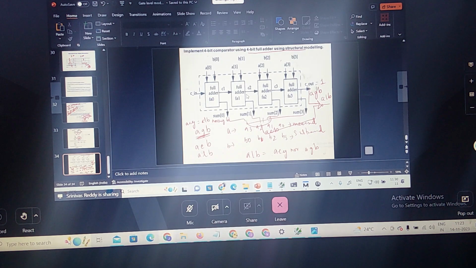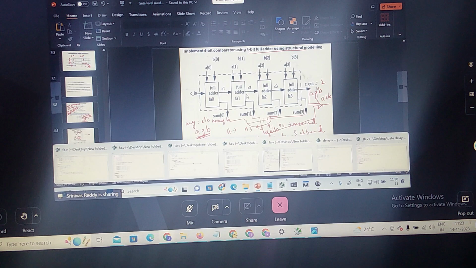Verify this logic and write a gate level program for the comparator using the parallel adder. Did you understand? So you can take these questions and also a few more questions.